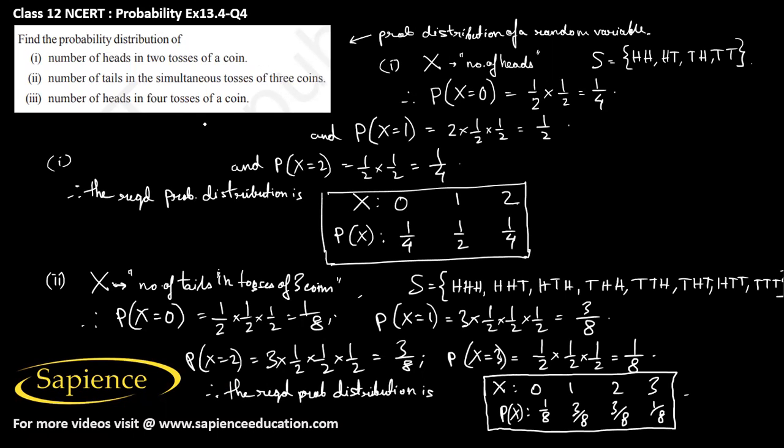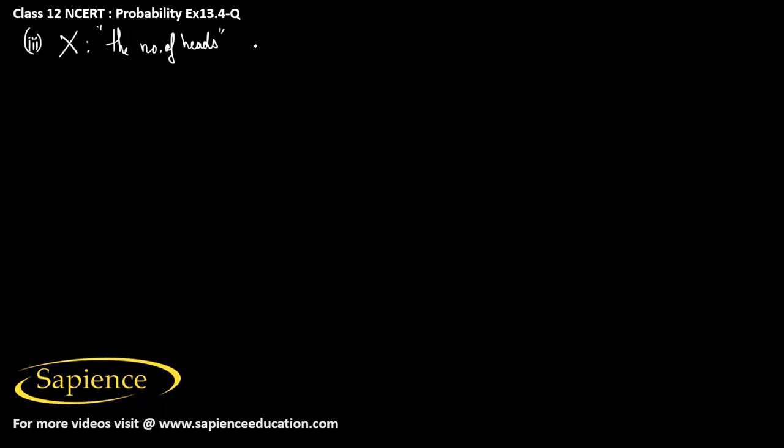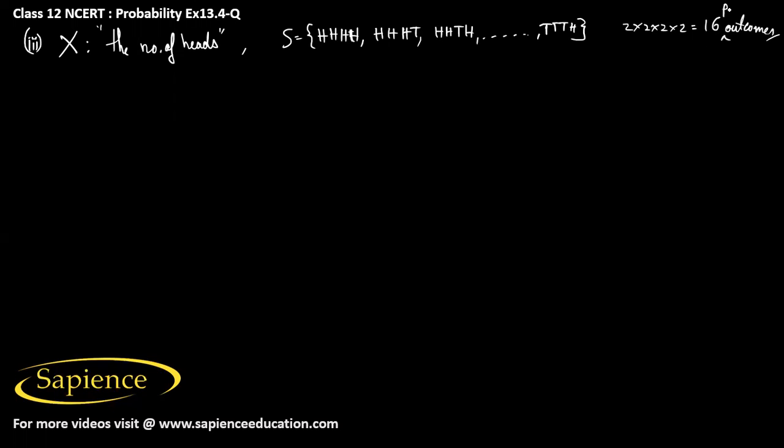When 4 coins are tossed, the sample space would be all 4 heads, head, head, head, tail, head, head, tail, head, and so on, till all 4 are tails. So we would get 2 into 2 into 2 into 2, which is 16 total possible outcomes.